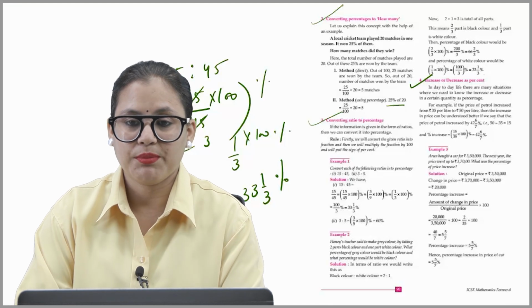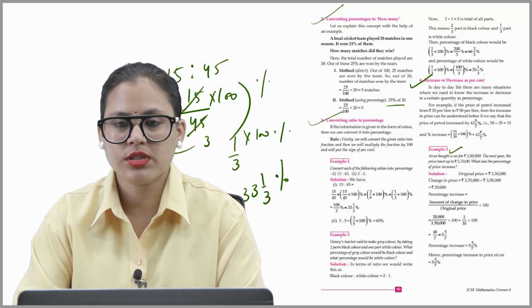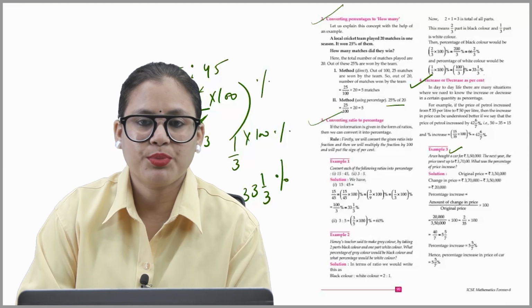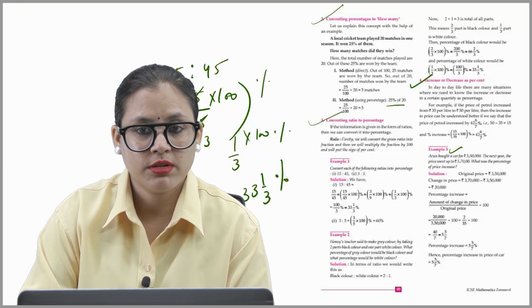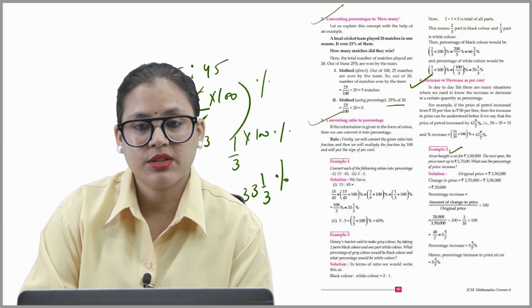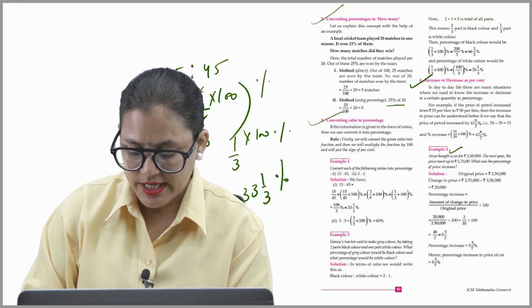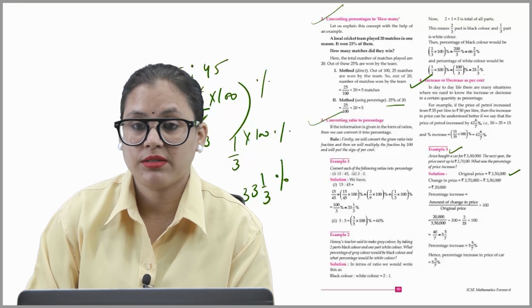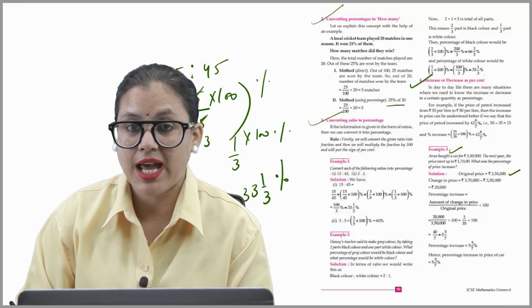For example, Arun bought a car for rupees 3,50,000. The next year, the price went up to 3,70,000. What was the percentage of price increase? See, the original price is 3,50,000 and the new price is 3,70,000.